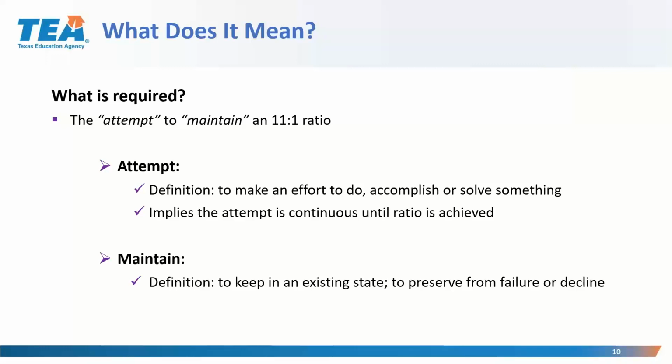So if we take these two definitions together, what is required in statute is that a district should be doing an 11-to-1 ratio, or should be attempting continuously until that ratio is achieved. And the maintaining means that it is achieved throughout the school day. There is not a part of the day where a higher or lower ratio is maintained.